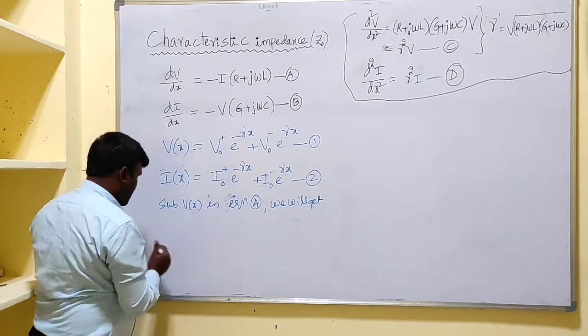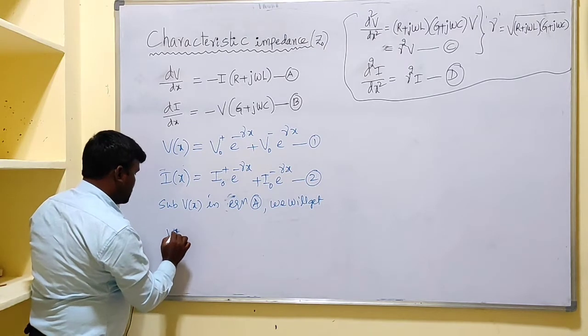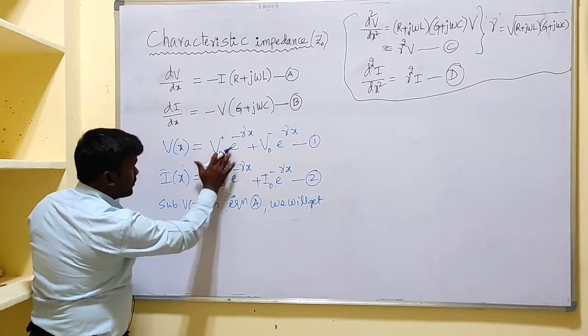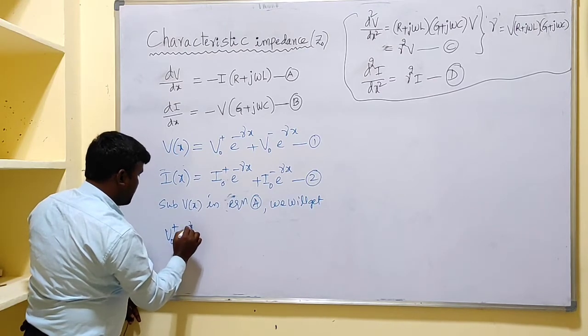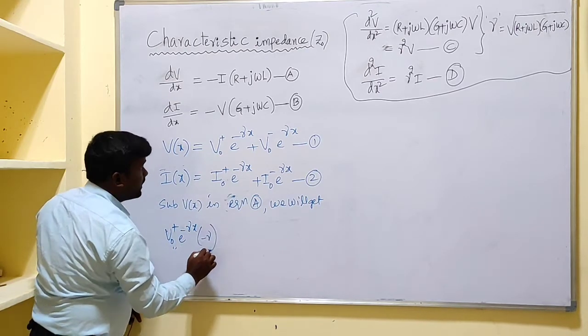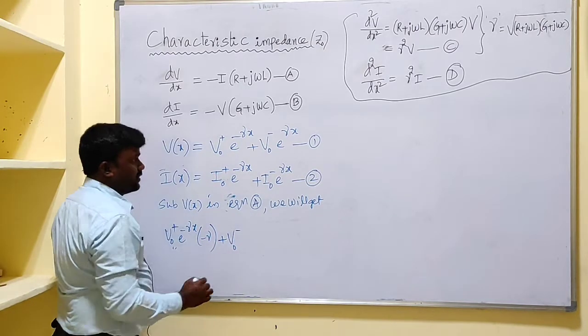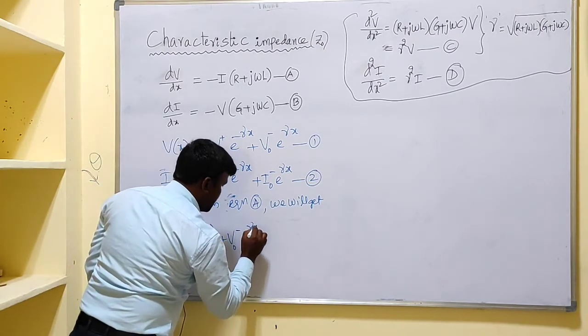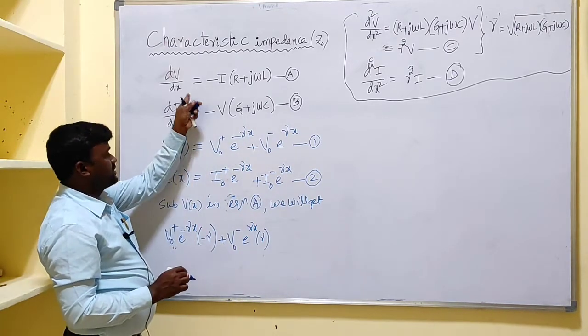On the left hand side, differentiation of the first term gives V0 plus into e to the power minus gamma x into minus gamma, and the differentiation of the second term, V0 minus being constant, gives e to the power gamma x into gamma.